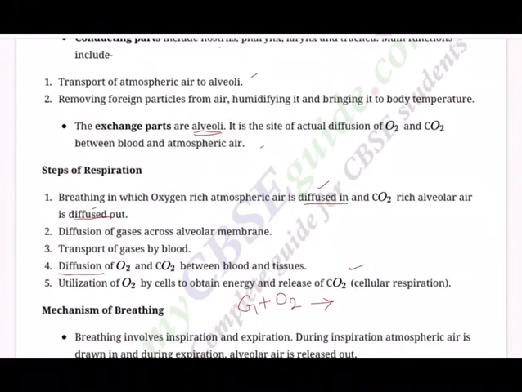At the end of, as I said, 3 processes, we get 36 ATP molecules plus a little bit of water, as you understand in Krebs cycle, and then CO2 which is formed has to be thrown out. So that's how oxygen in and CO2 out.